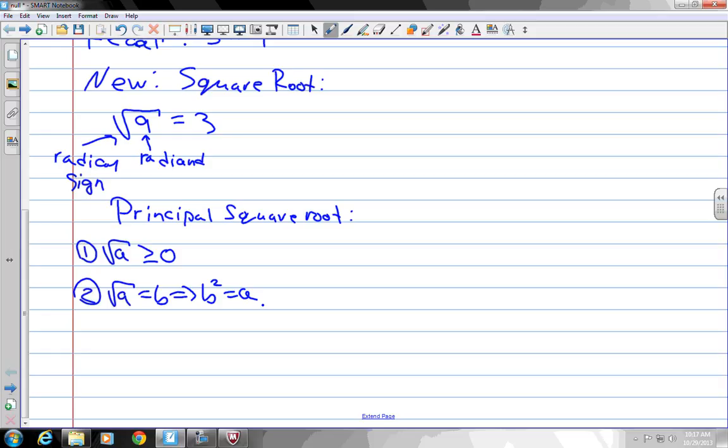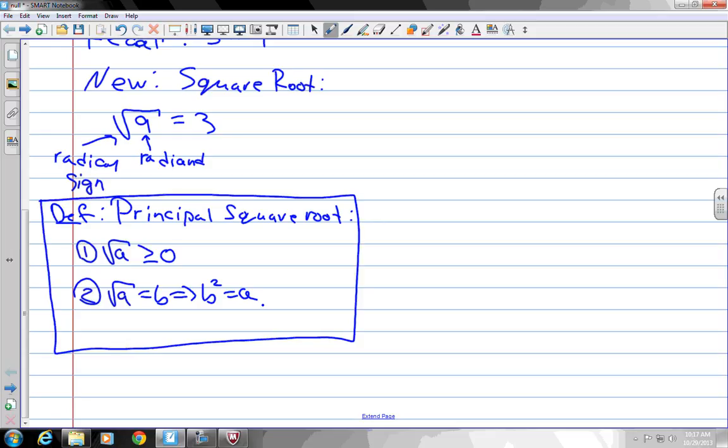It has to stay positive. And if you square the result, you get the radicand back. So just like here, if you square 3, you get a 9. And 3 stays positive. Square root of a equals b implies that if you square b, you get a back.